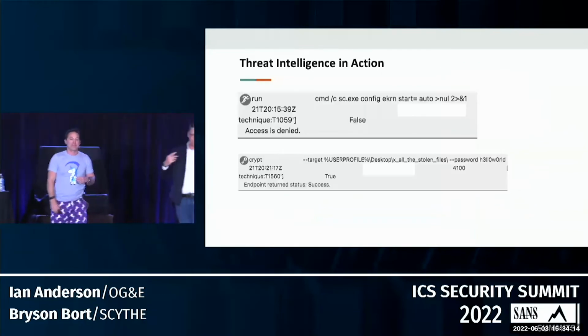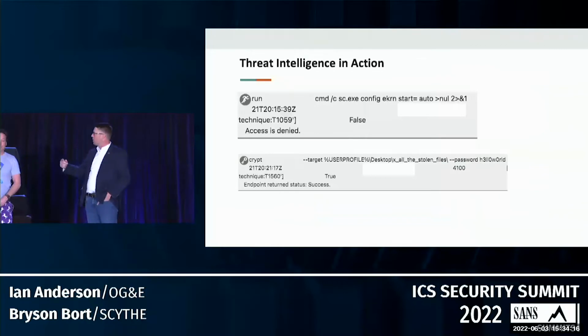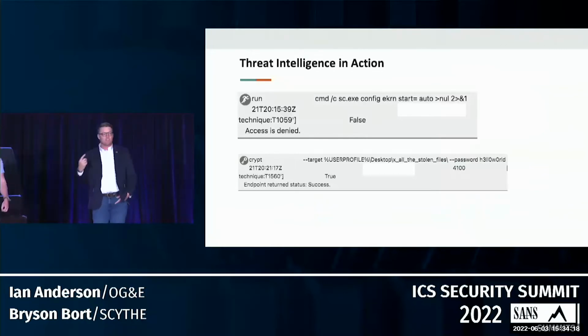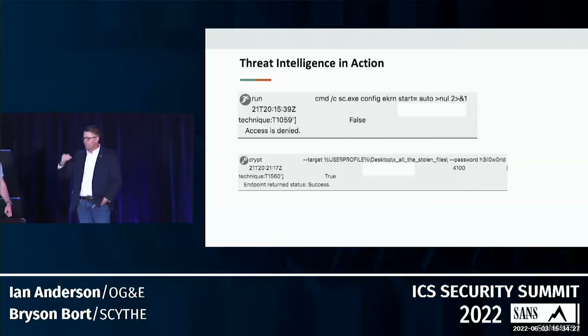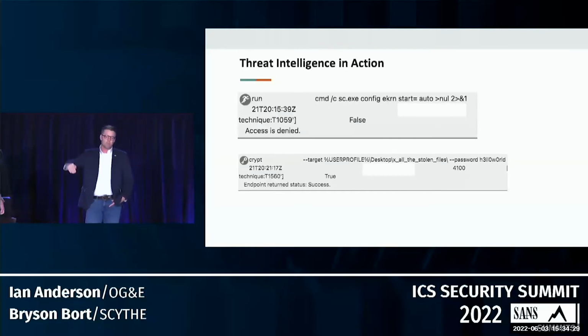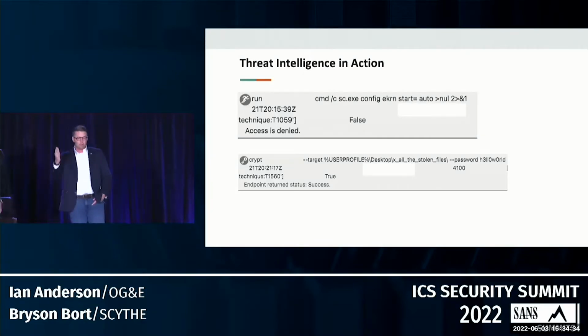Okay, and here are some other examples of what we were running. We were testing some very specific behaviors that were written up in threat intel. If you start pulling in reports from the ECANS ransomware, you'll see, here's where we validated that the local admin rights were set properly. The access was denied.